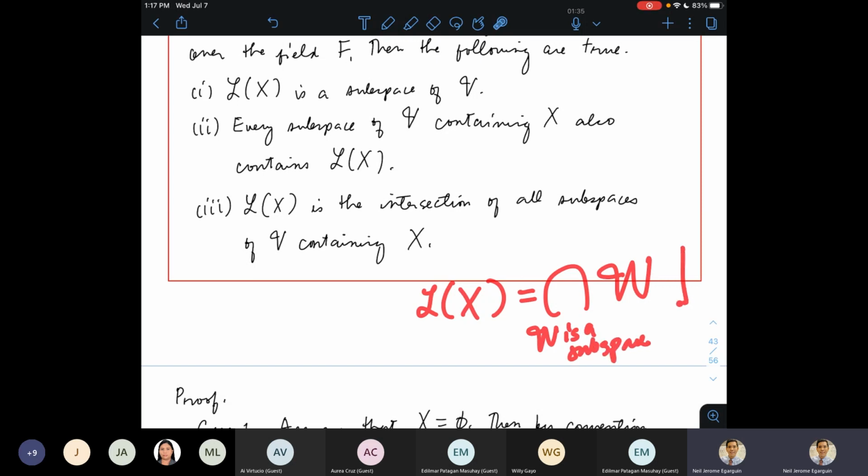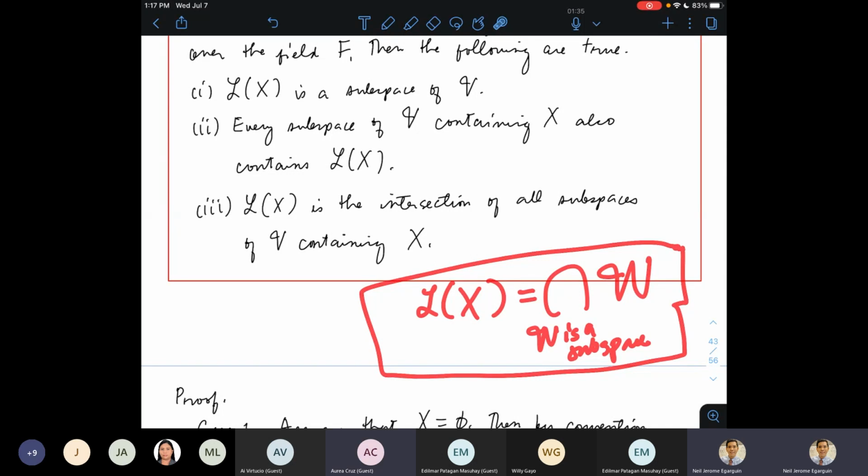And do you remember, guys, how to prove equality of sets? What's the usual way of showing equality of sets? You show, sir, that each is a subset of each other. Right. So we show that one is a subset of the other and vice versa.